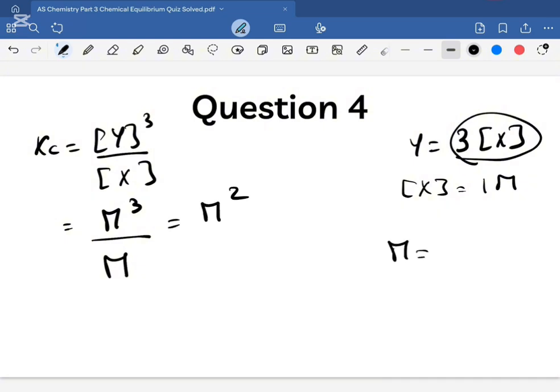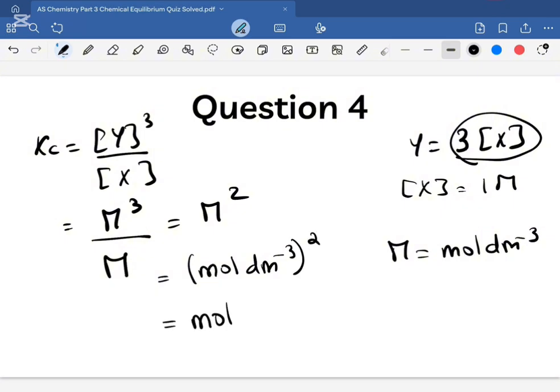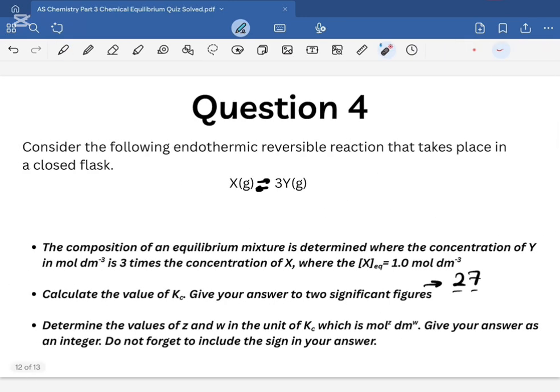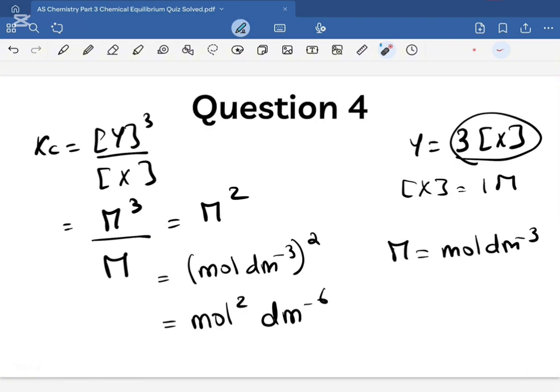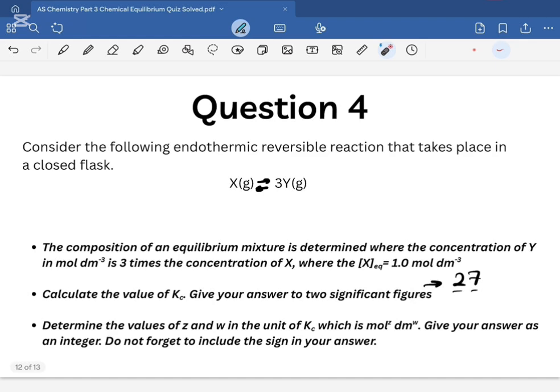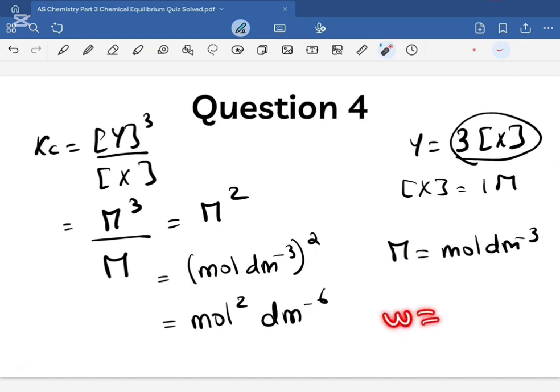Now M is equal to mole dm^-3. So I'm going to plug it over here. So it's going to be mole dm^-3 raised to the power of 2. And it's going to be mole to the power of 2 dm^-6. Now therefore, the Z is going to be equal to 2. And the W is going to be equal to minus 6.